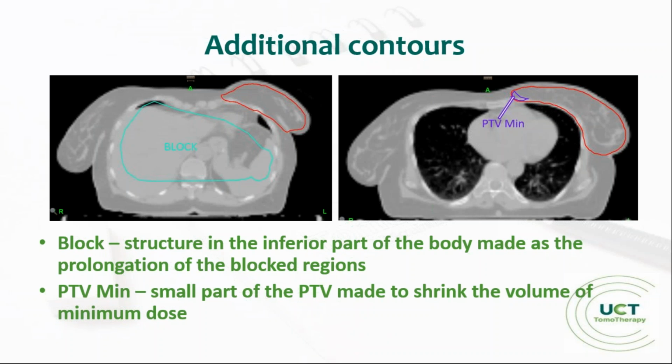And this PTV mean is a small part of the PTV, because I knew that here I will have underdosage. So just to force the system to put more dose here, I created this structure.